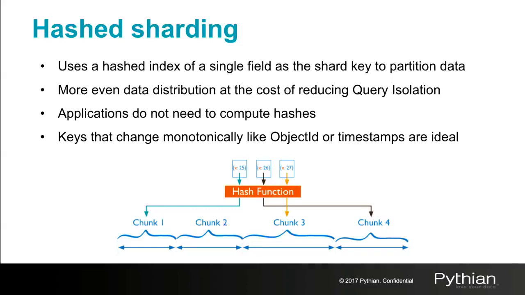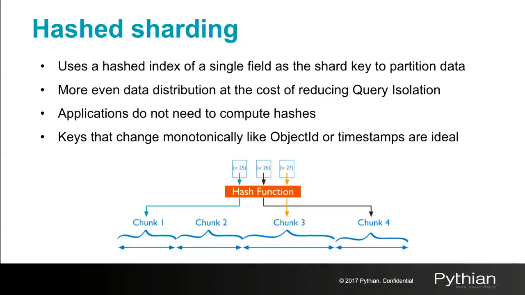We just say use hash-based sharding for this collection on the user ID, and the MongoDB database will calculate the hash key for us and will store the data into the appropriate chunk. We don't need to have some key in our document that is already hashed, and then store that key in the collection.